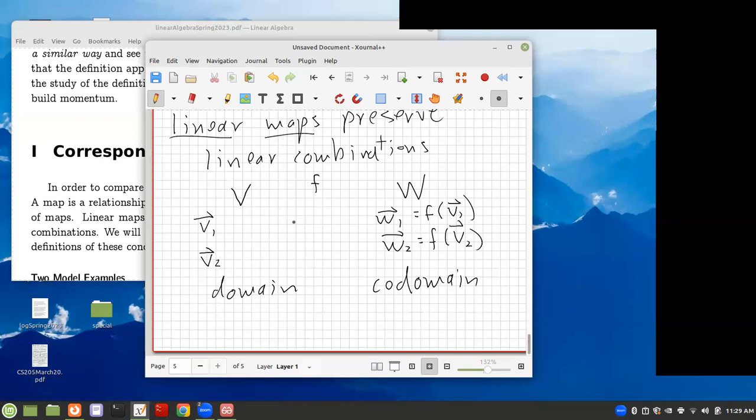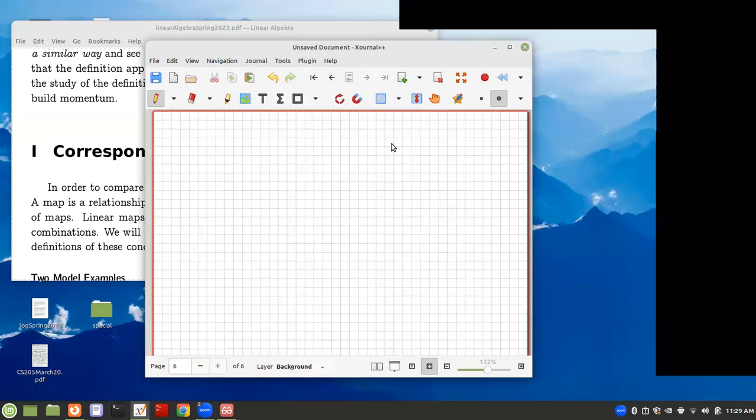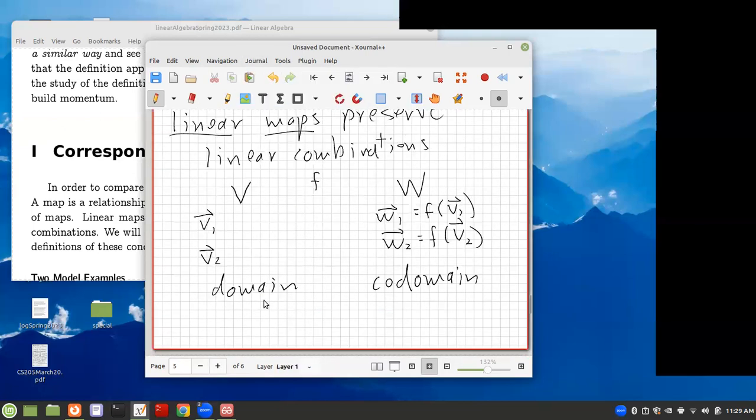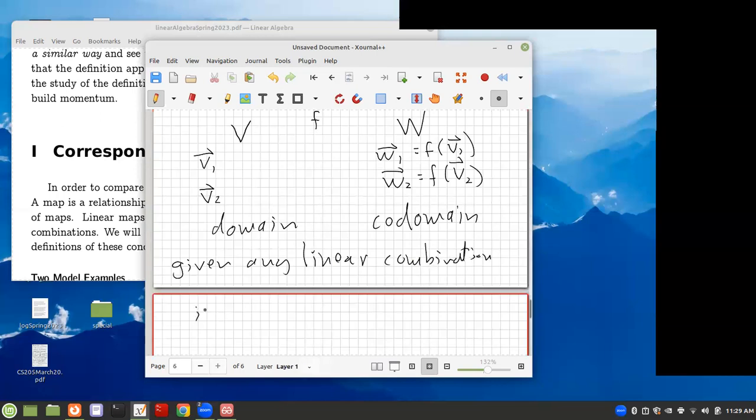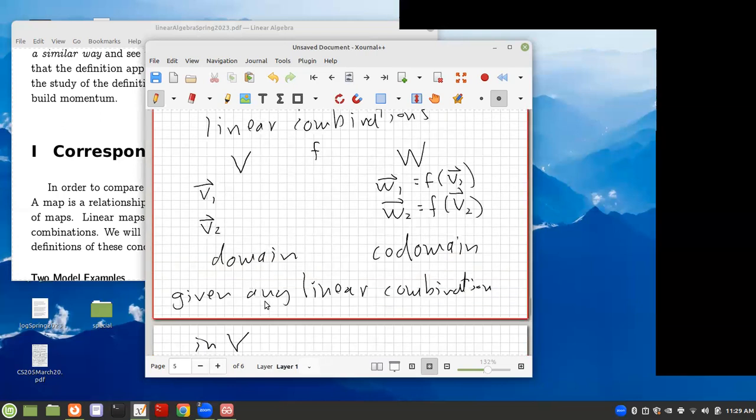Now, to be linear, here's the linear property, which is going to be a crucial thing. Given any linear combination in V, there's a property.